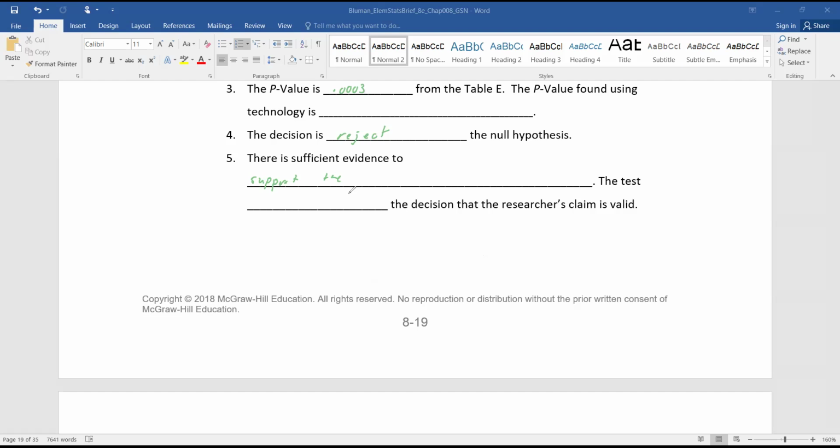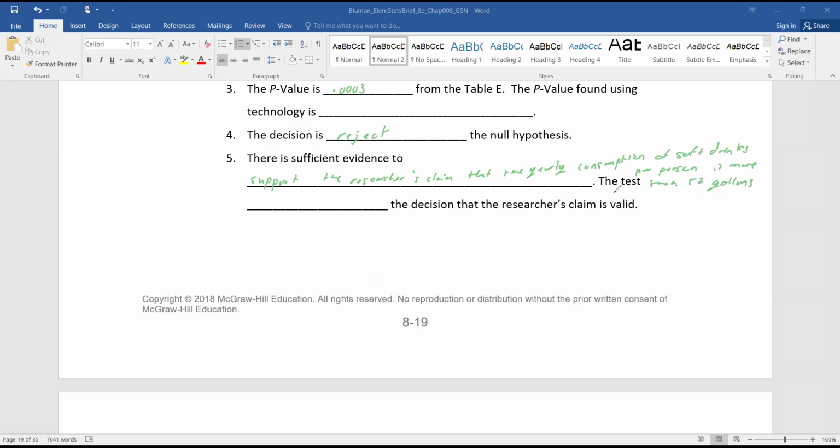So we'll support the researcher's claim that the yearly consumption of soft drinks per person is more than 52 gallons.